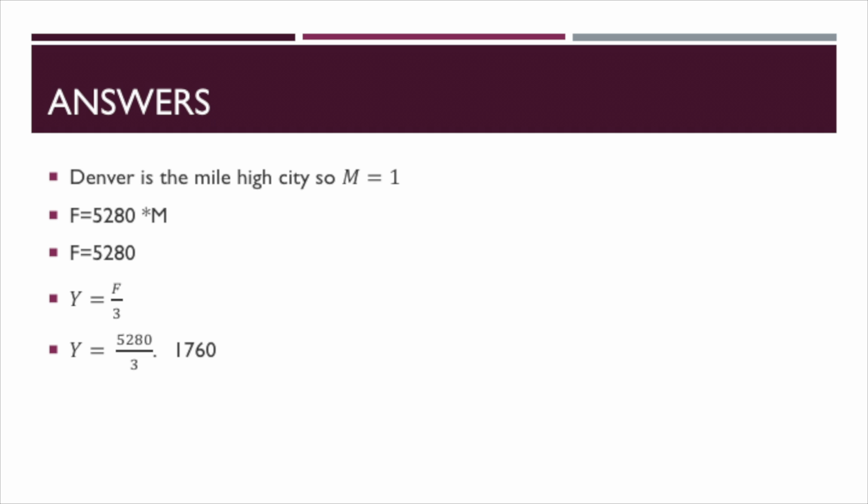So, we know that yards equals the number of feet divided by 3, so we take 5,280 divided by 3, and we get 1,760 yards. So when we talk about the elevation of Denver, it's 5,280 feet, 1,760 yards, or 1 mile.